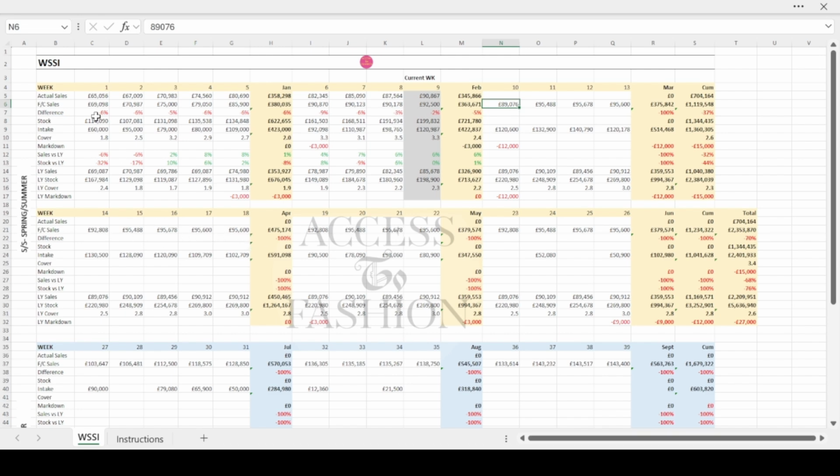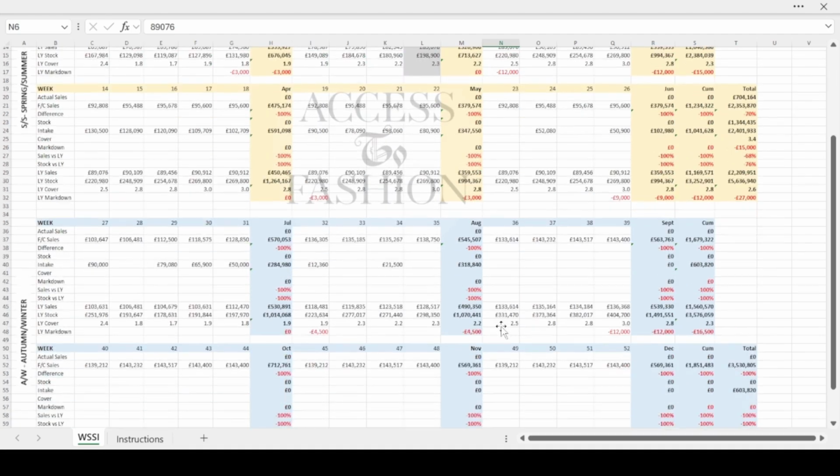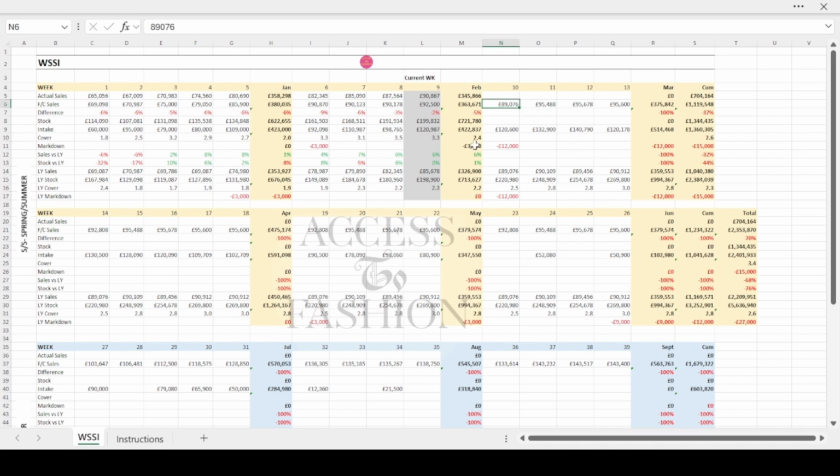So this is our current week. Sales have happened from week 1 all the way until week 9, the week in grey. And then these future weeks have not happened yet, all the way throughout the year. But we still have our forecast sales in these numbers.